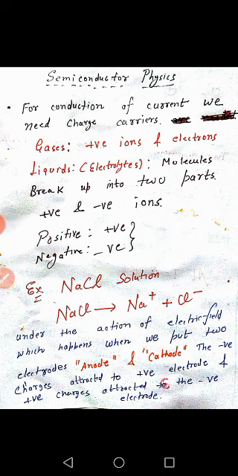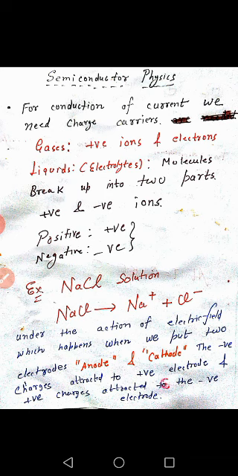Under the action of an electric field, which appears when we put two electrodes, anode and cathode, the negative charge is attracted to the positive electrode. The anode is the positive electrode, and the positive charge is attracted to the negative electrode, which is the cathode.